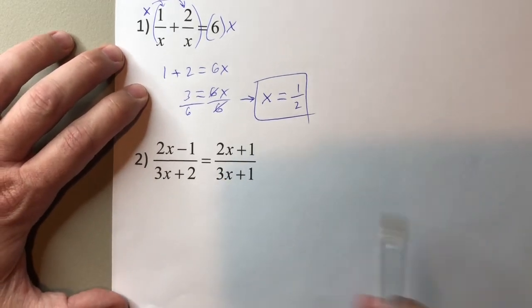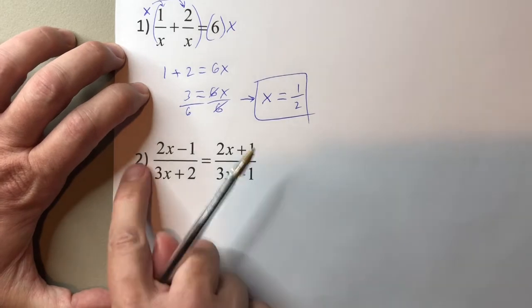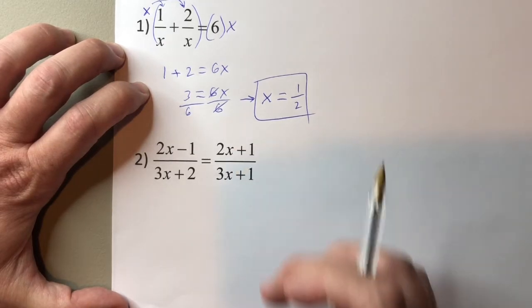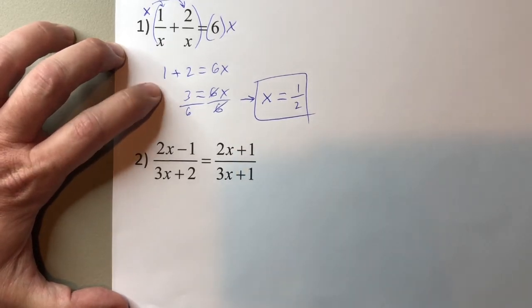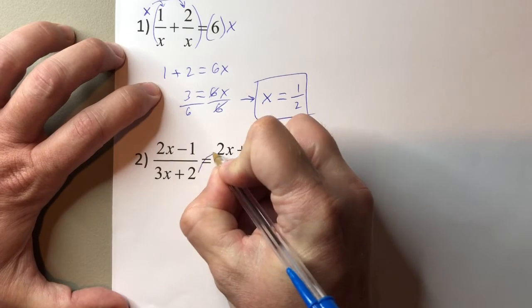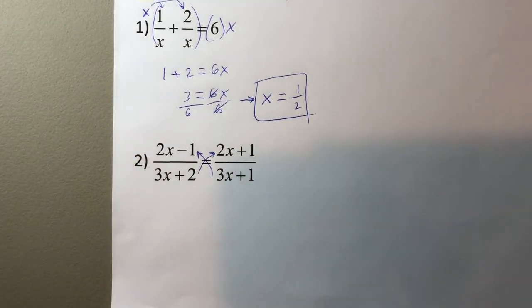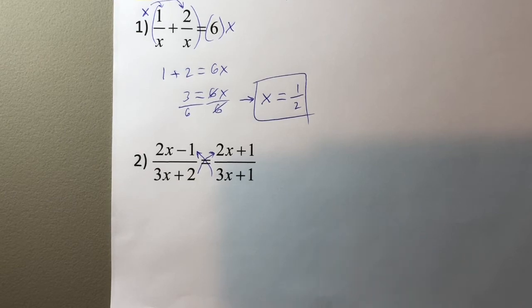With that being said, because it is just a proportion, you don't have any addition or subtraction going on anywhere in this problem with respect to the rational expressions, you could do what is called cross multiply. Cross multiplication is really the same thing as multiplying both sides by the LCD. So this one will look different than the next example because there is a sum of two rational expressions in the next example, where there is not in this one.